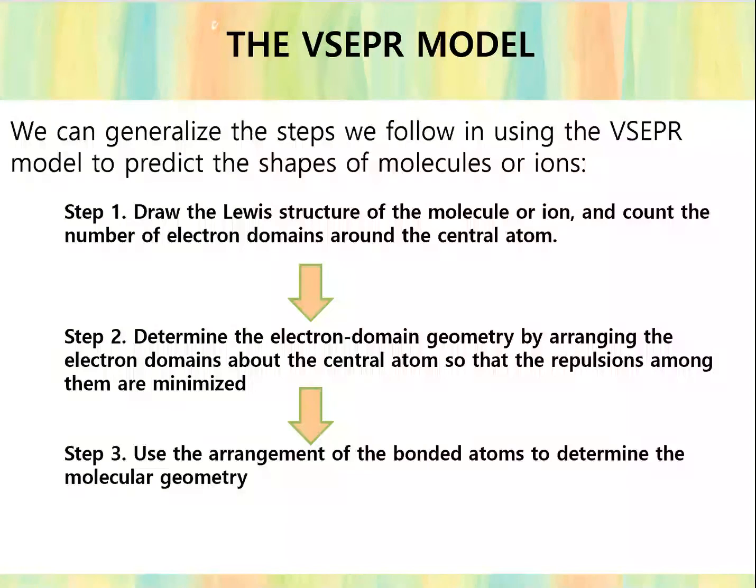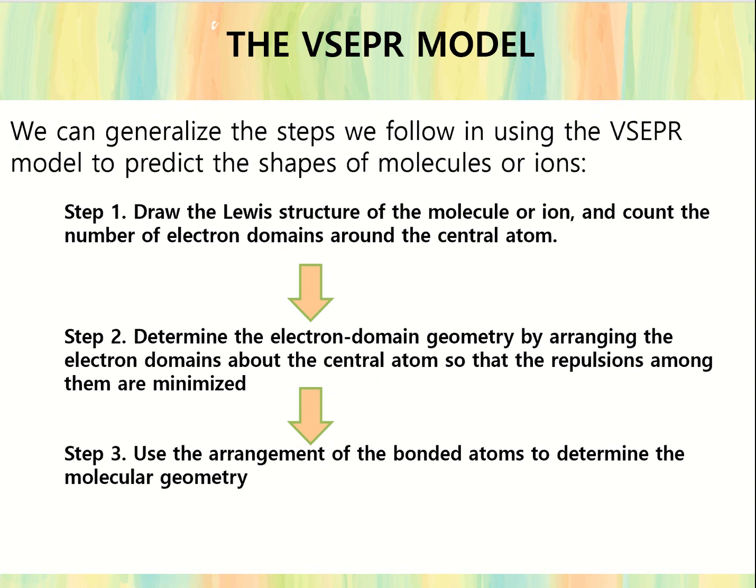All right, so in summary, we can generalize the steps we follow to use the VSEPR model to predict the shapes of molecules or ions, right? So step one is we draw our Lewis structure for the molecule or ion, as we have seen, and we count the number of electron domains around the central atom, as we saw, right?